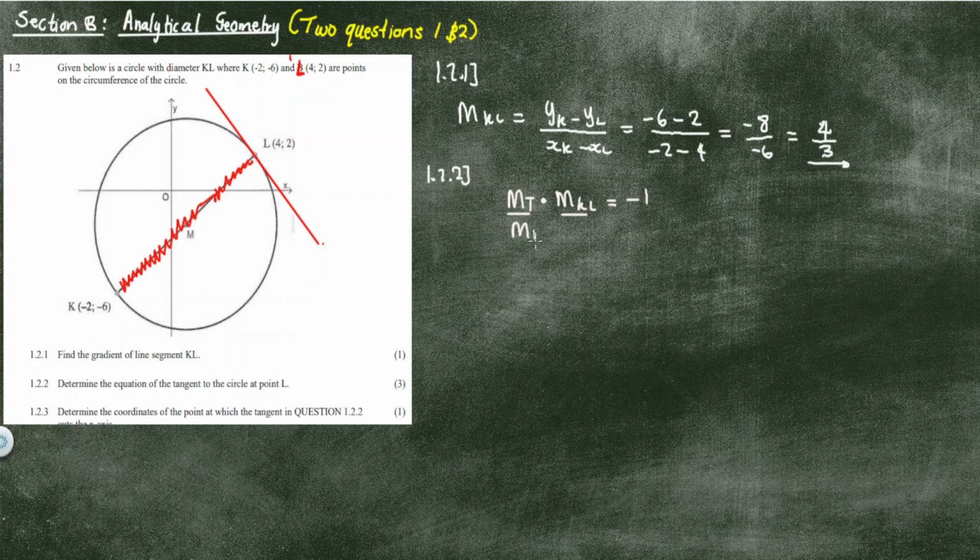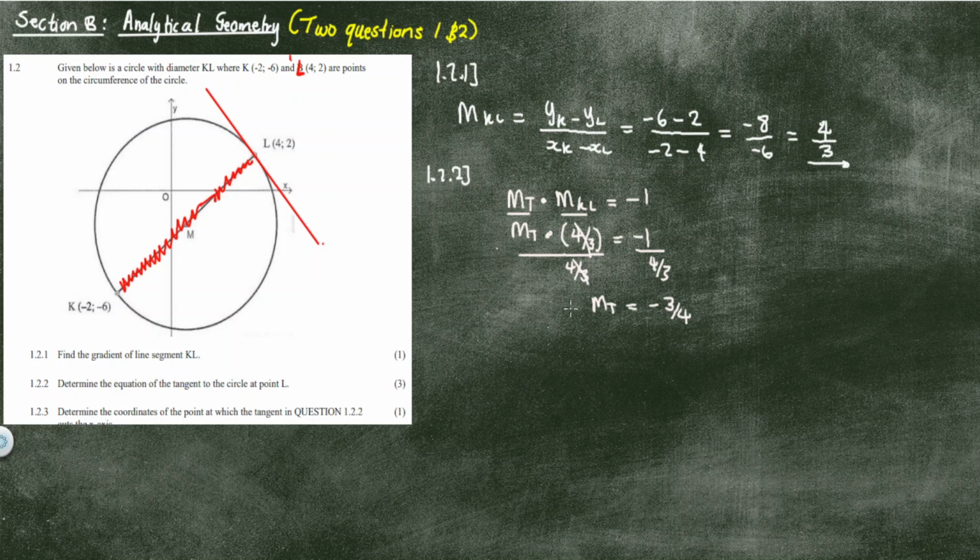Since we want the gradient of the tangent, I'm going to leave that, and the gradient of the diameter we just calculated is 4 over 3, equal to minus 1. So how do we calculate the gradient of the tangent? Divide both sides by 4 over 3. The 4 over 3 cancels, so the gradient of the tangent is minus 3 over 4.